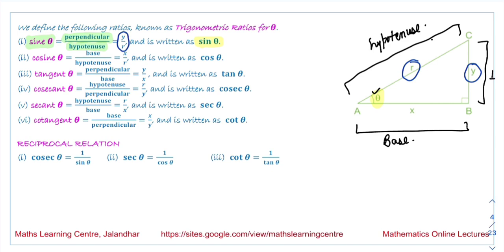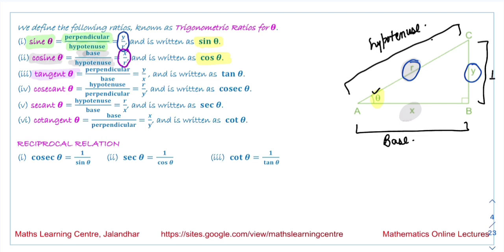Next is cosine theta. The formula for cosine theta is base over hypotenuse. The formula for this becomes x over r, and cosine theta in short form is written as cos theta. Third we have tangent theta.